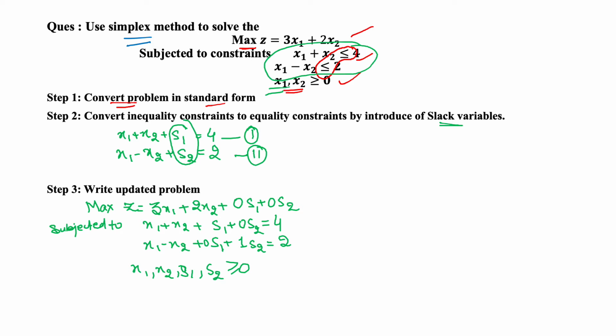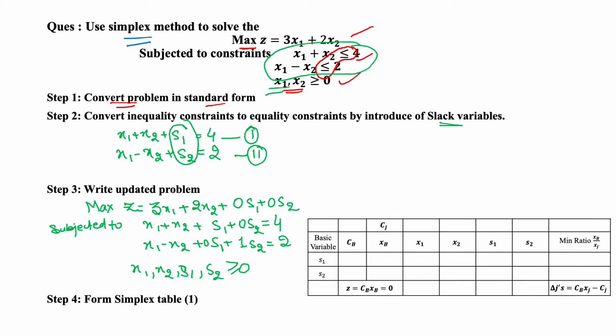Now I am going to solve this problem with the help of the simplex method. For that I have to create my simplex table as we discussed earlier. Now what are my basic variables? Suppose I put x1 equals 0 and x2 equals 0. These are the values of my non-basic variables. Then my basic variables will be s1 equals 4 and s2 equals 2, which is nothing else but b.